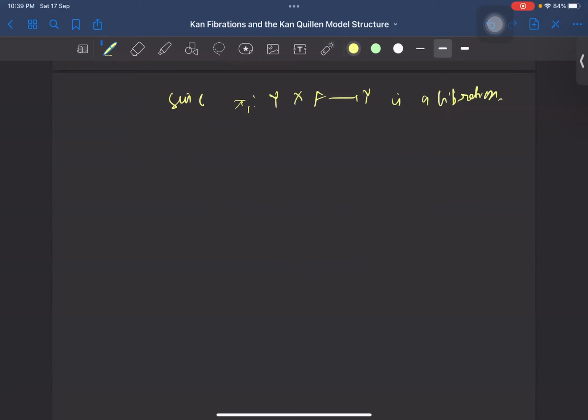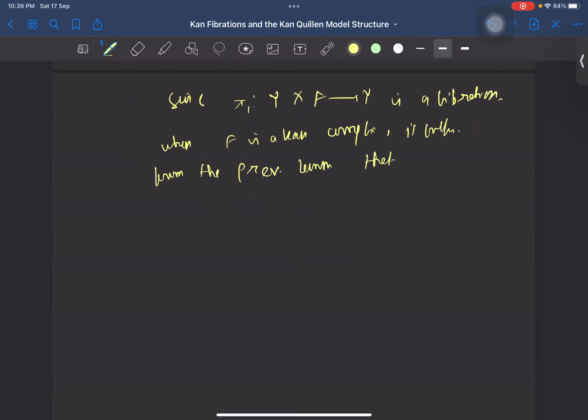So I don't want to write clearly. When f is Kan, it's a Kan complex. So it follows from the previous lemma, the lemma that I didn't give a proof of.